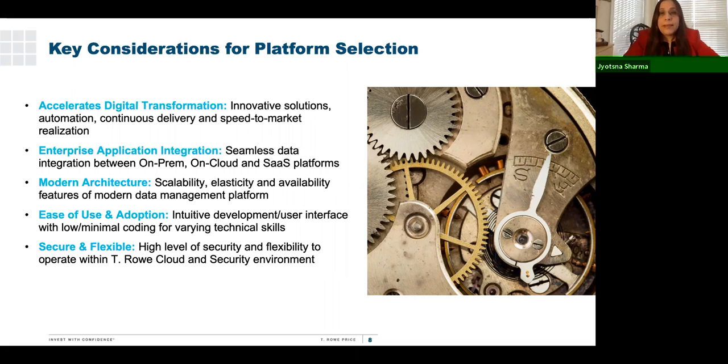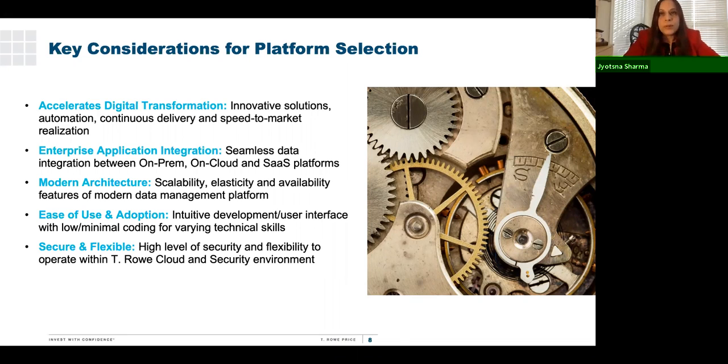And then, highly secure and flexible. I think that is a general need across all industries for high security, right? And I think on top of these, the most important factor was the ease of use.